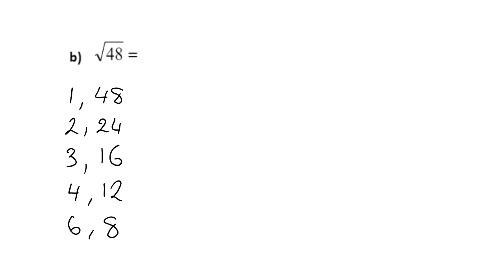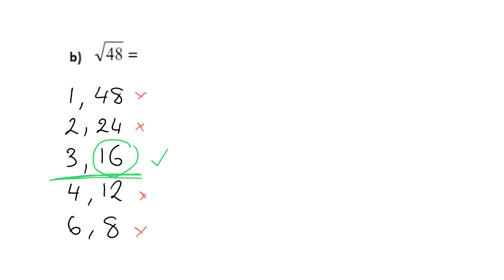Okay, so what we're looking to do is identify the largest square number. In this instance, the largest square number is 16. So the pair that we want to look at is 3 and 16. None of the others involve a square number that's going to help us simplify this surd.